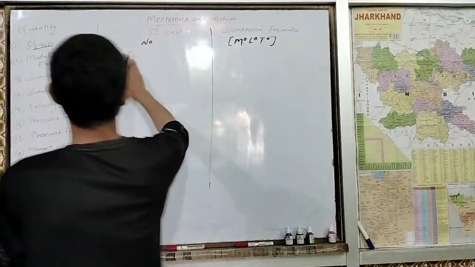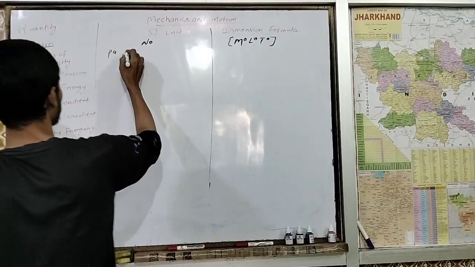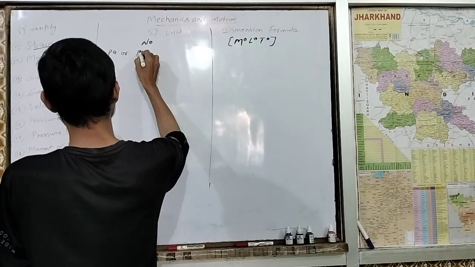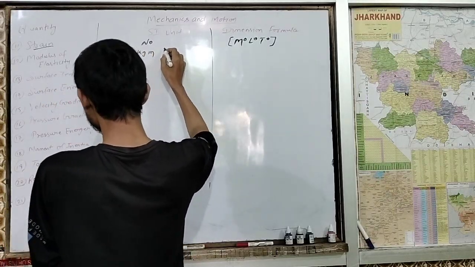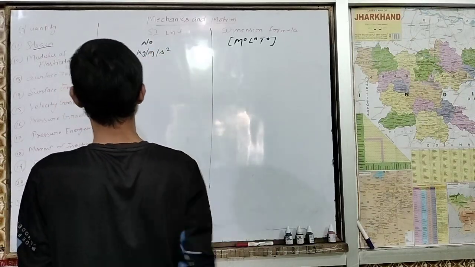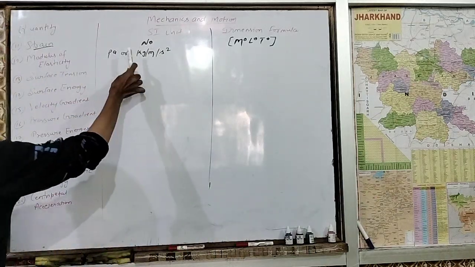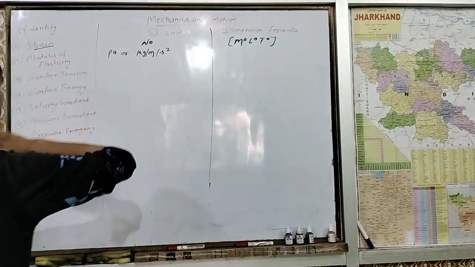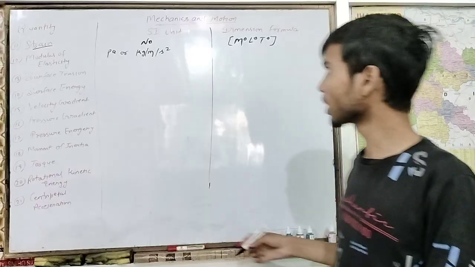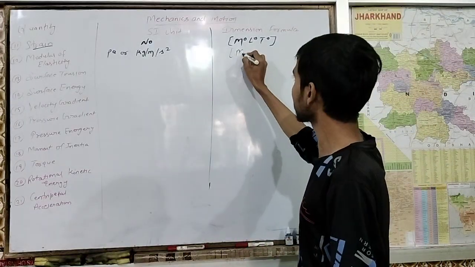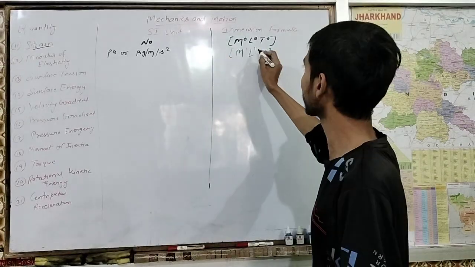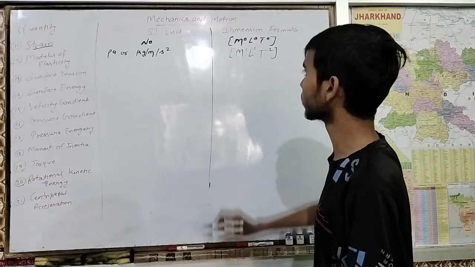You know that Pascal can be written as kg per meter per second square. Look here: for kg, mass is 1 and L is 1, but T is minus 2. Here L is also minus 1 because this is per meter.